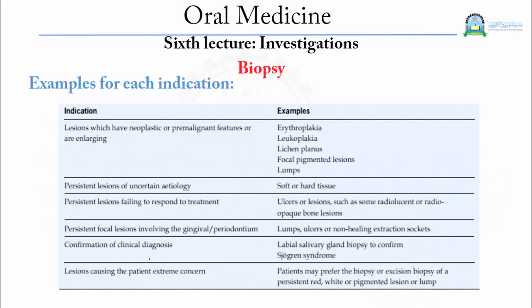Examples for each indication: as we mentioned, if there is any lesion which has neoplastic or pre-malignant features, such as erythroplakia, leukoplakia, lichen planus, focal pigmented lesions, and also any lumps.